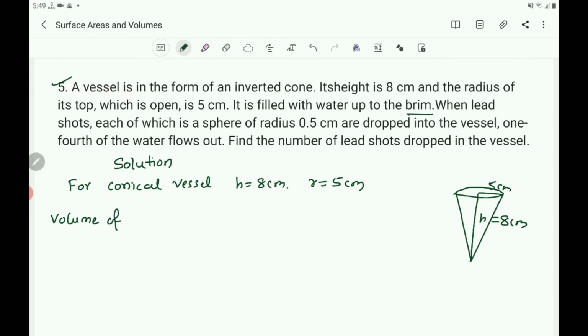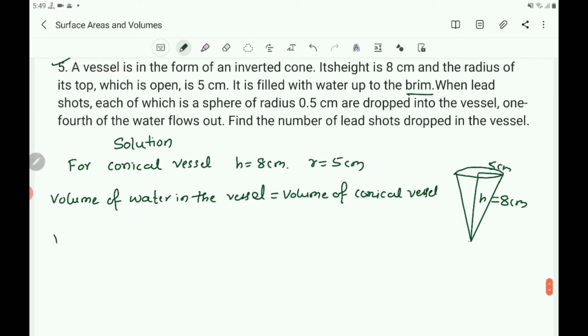Volume of water in the vessel equals volume of the conical vessel. So find the volume of the cone first.